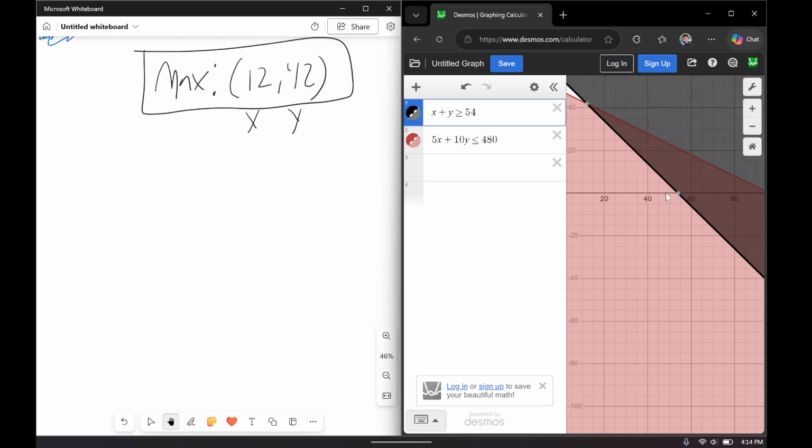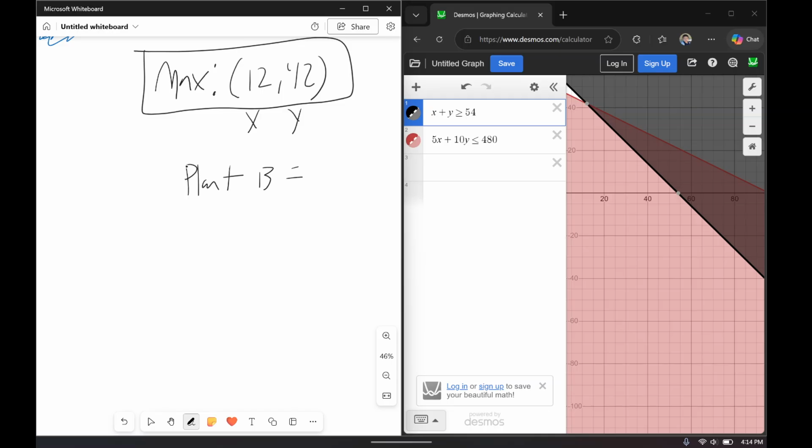So let's say y is plant B. If plant B made 0, the max that plant A has to make in order to reach the qualified thing is 54. In order to reach the specified thing, which is going to be 54 lamps, plant A has to make 54 lamps, right?